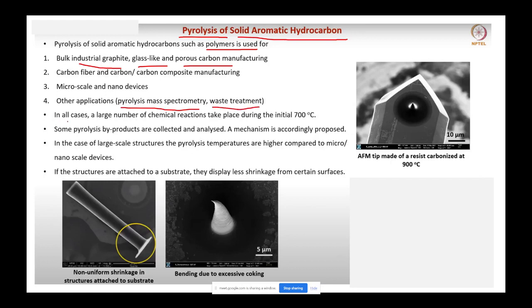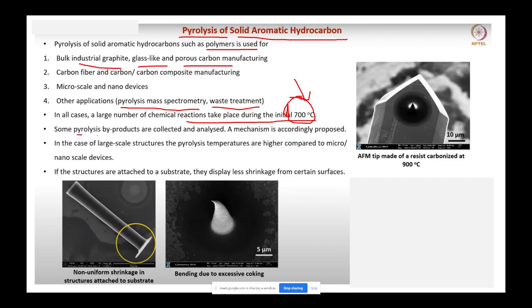Waste treatment also. In all cases, a large number of chemical reactions take place during the initial 700 C. Like I told you, you have to give some thermal treatment, so a large number of chemical reactions take place at these initial temperatures, and some pyrolysis byproducts are collected.